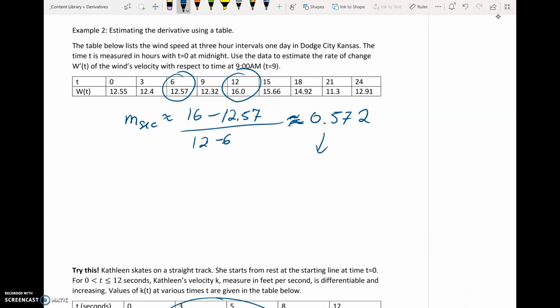So I'm just going to summarize that here. This is the rate of change of the wind's velocity with respect to time.